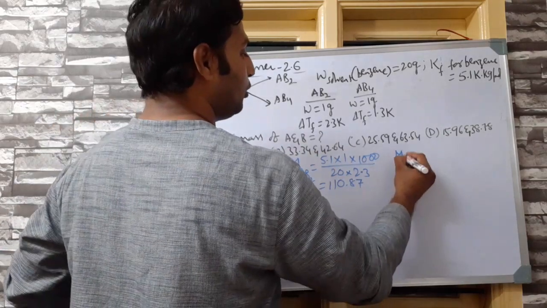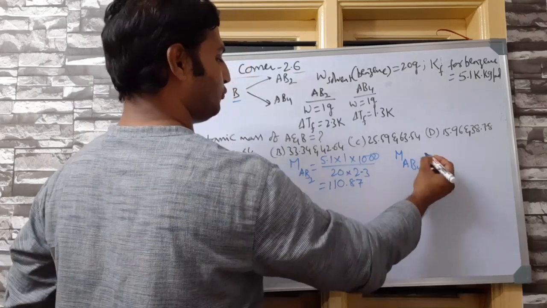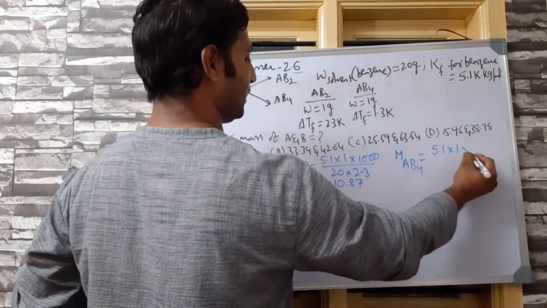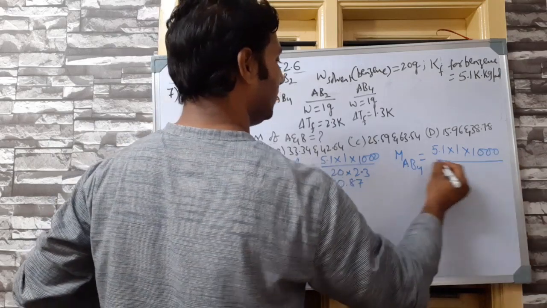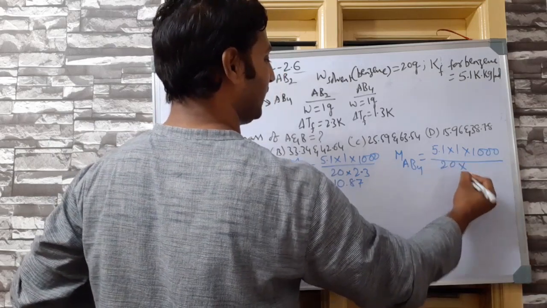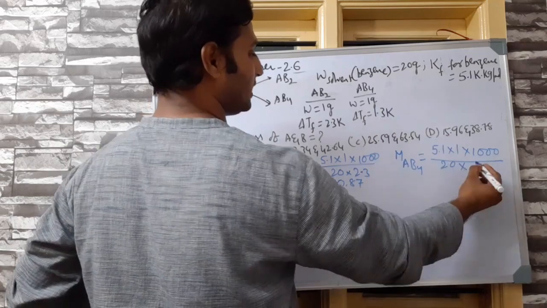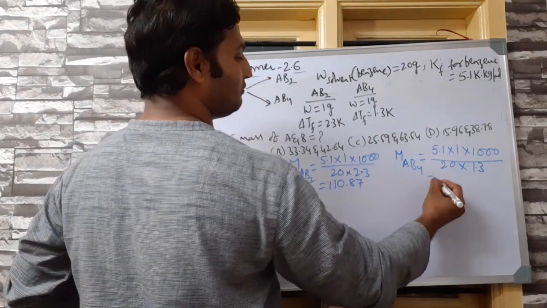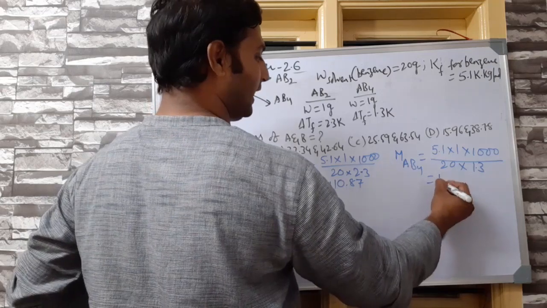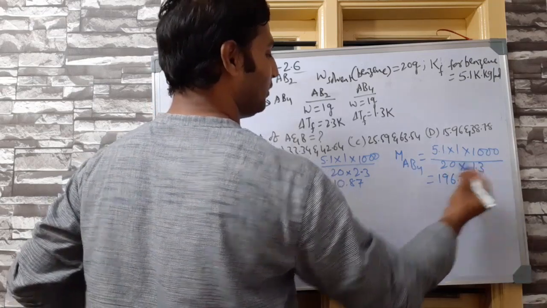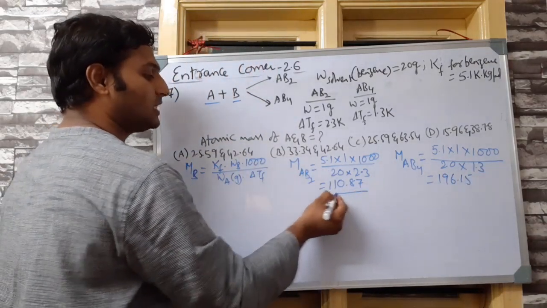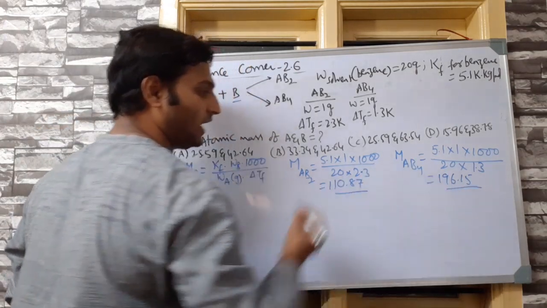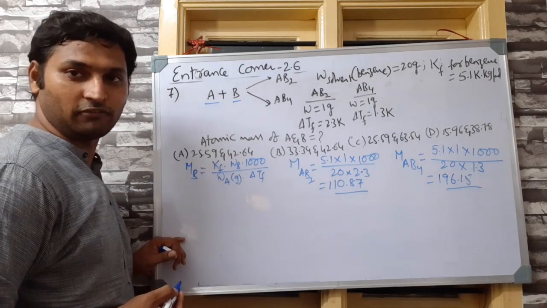Similarly, molar mass of AB4 if you calculate, again Kf is 5.1, he has taken 1 gram into 1000 divided by 20 into how much it has reduced? 1.3 Kelvin. If you simplify, you will end up getting 196.15. So we established that molar mass of AB2 is 110.87, molar mass of AB4 is 196.15.